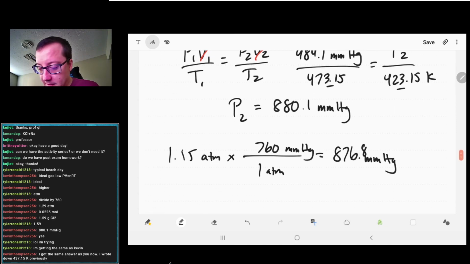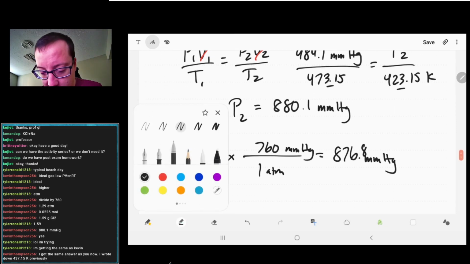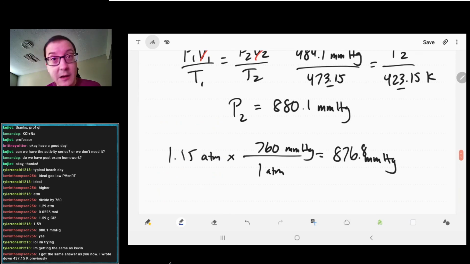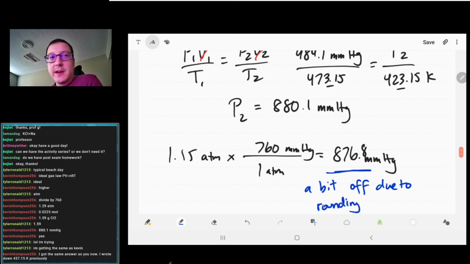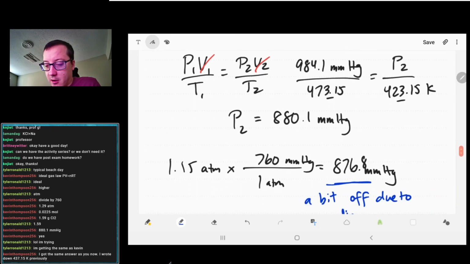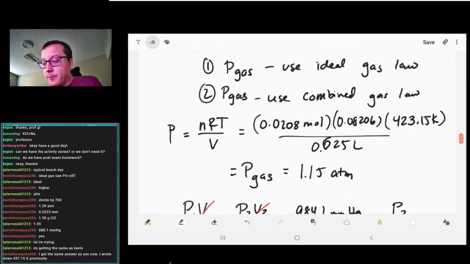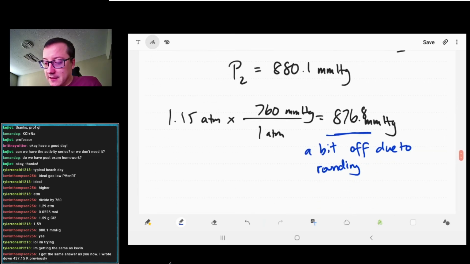Note that this is a little bit different than it should be because of rounding. All the rounding that we did with our moles and all that stuff, that's where we introduce a little bit of error. As you can see, it's 877 versus 880. It's close enough, right?